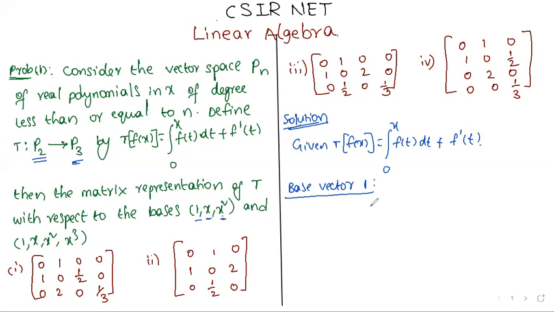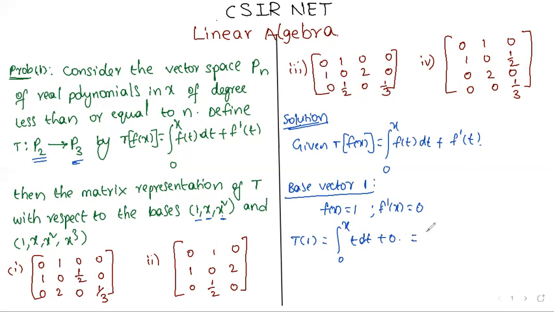First, for the base vector 1, that is f(x) equals 1, then f'(x) equals 0. Now the transformation of 1 is integral 0 to x of 1 dt plus 0, since f'(x) equals 0.